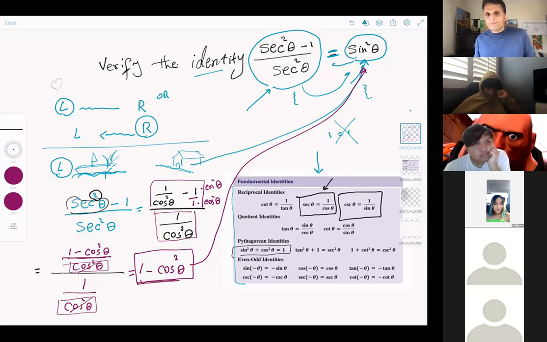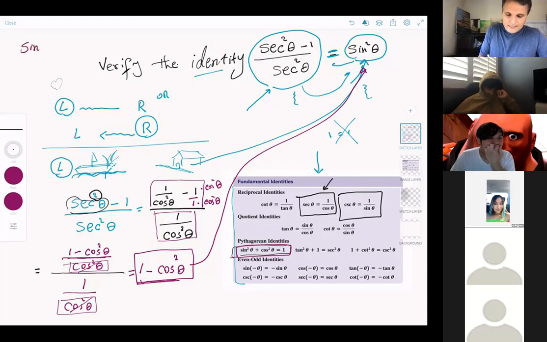Anytime we have cosine and we want to make it sine, or if we have sine, make it cosine, there is a formula. The first formula that we learned: sine squared theta plus cosine squared theta equal to 1. We proved it with the Pythagorean theorem.